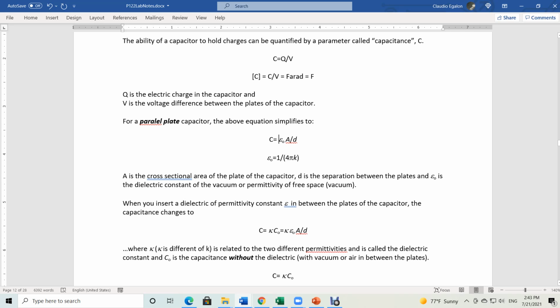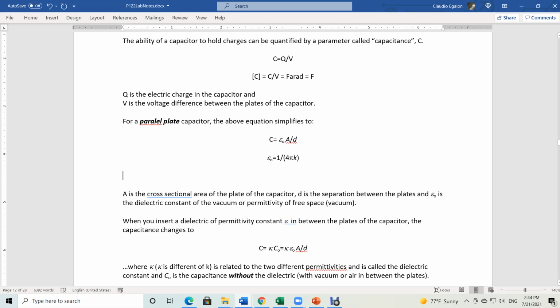This is the equation only for the capacitance of a capacitor with air in between the plates.